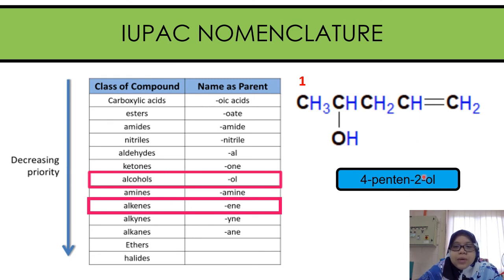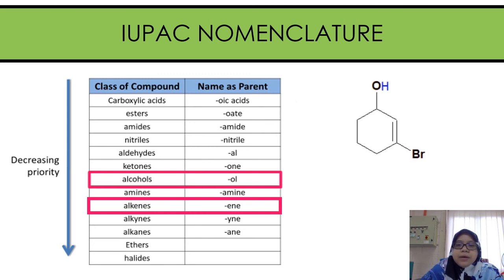So what is 2 here? 2 is the location of the hydroxyl group, which is at carbon number 2, and then -ol. So 2 is for the hydroxyl, 4 is for the carbon-carbon double bond. And then we change the name pentane to pentene, 2-ol.